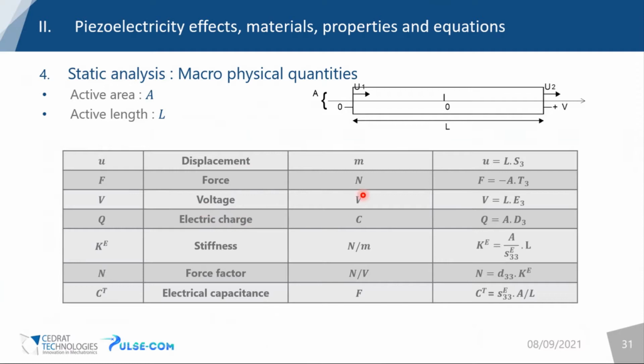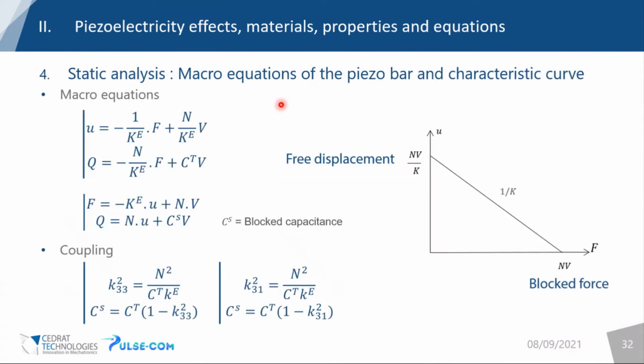So, which is more common to mechanical and electricity parameters. So, if we do it, the previous equations can be written again and quite simplified, and we can plot the working curve of the piezo actuator.